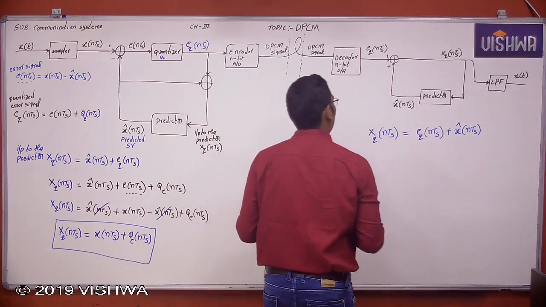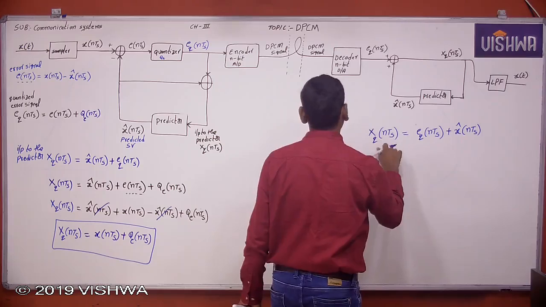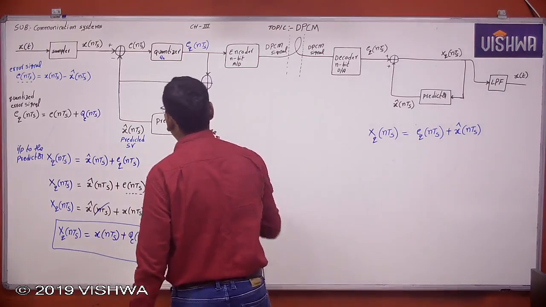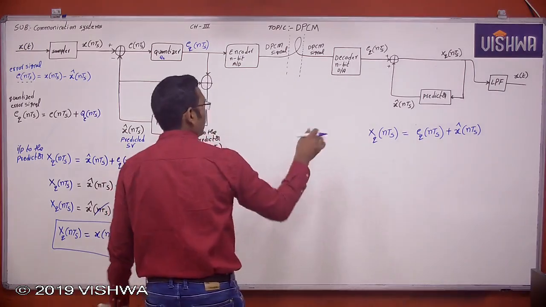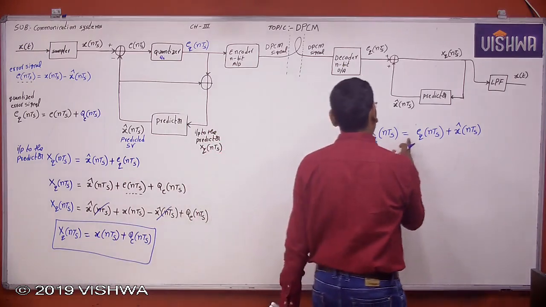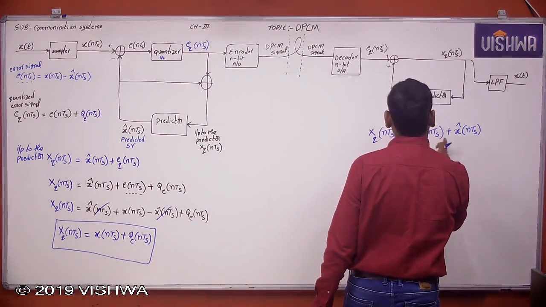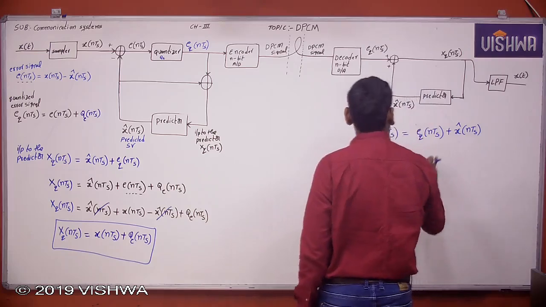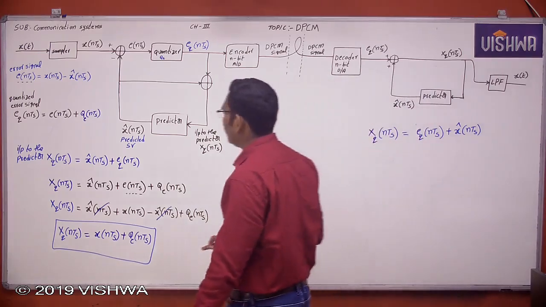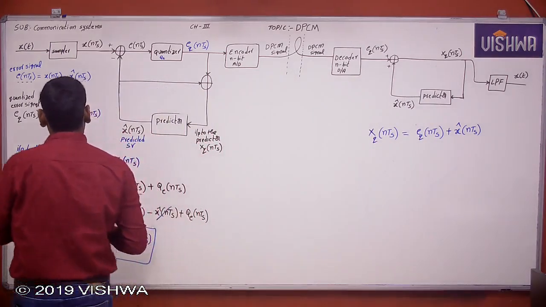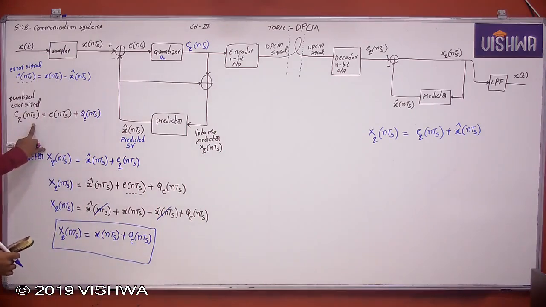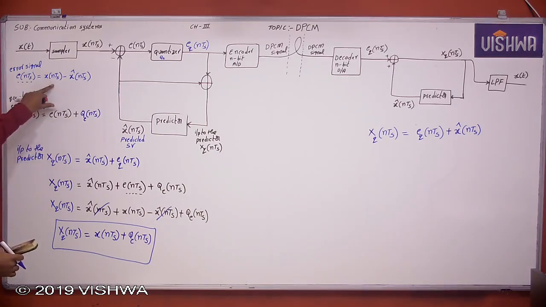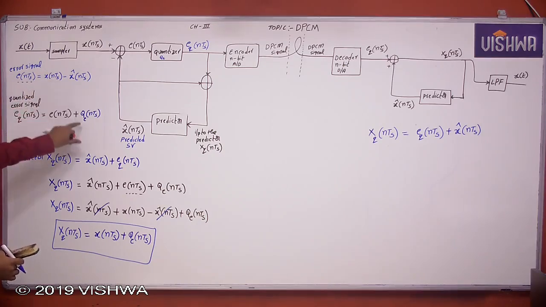This is the input to the predictor, XQ of NTS, which is EQ of NTS plus x cap of NTS. Now see here what EQ of NTS is. You may write it like this: EQ of NTS is nothing but E of NTS, which is X of NTS minus X cap of NTS also.